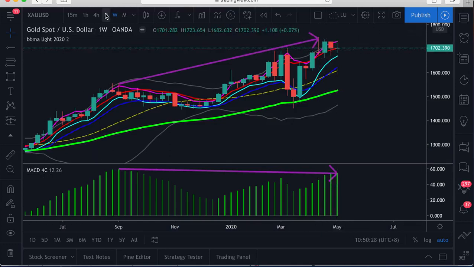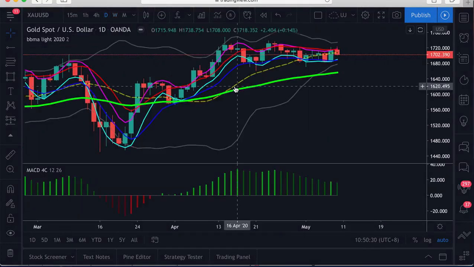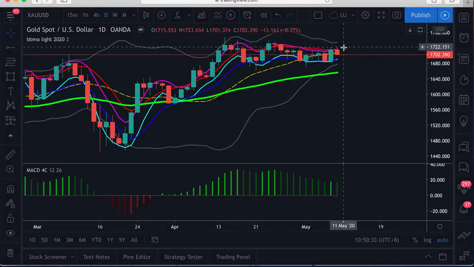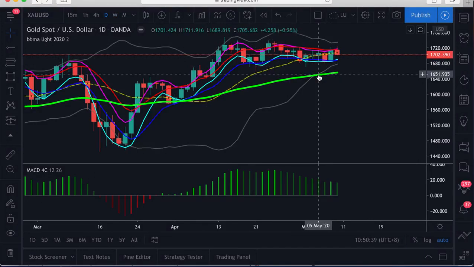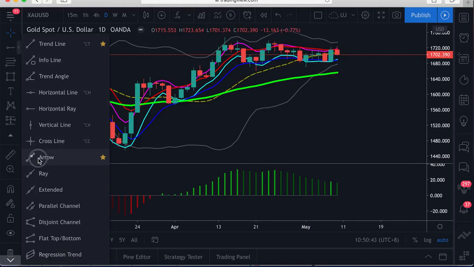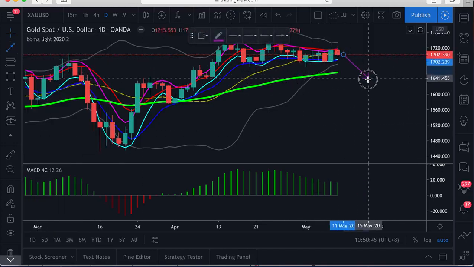Okay, on daily we can see that MHV sell is still happening, and the EMA is coming out of the BB, so this means the price will be pushed downward like this.